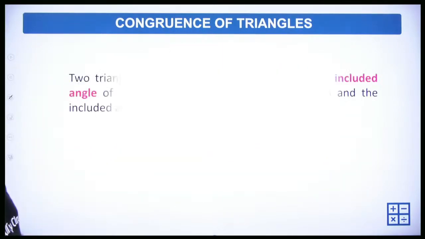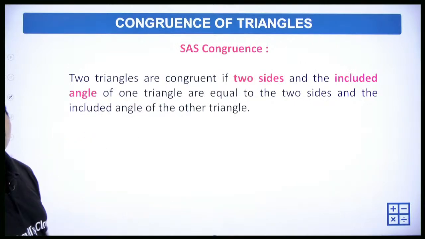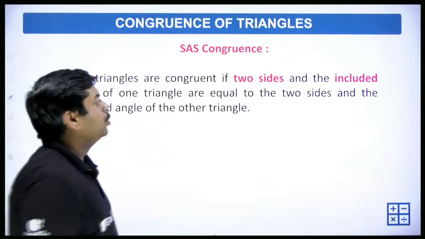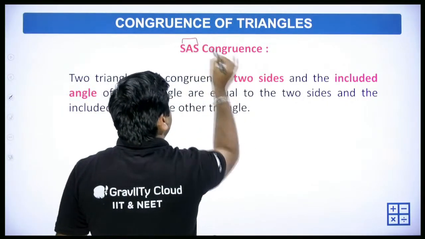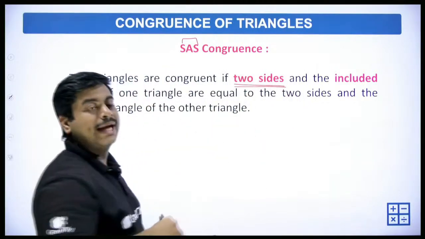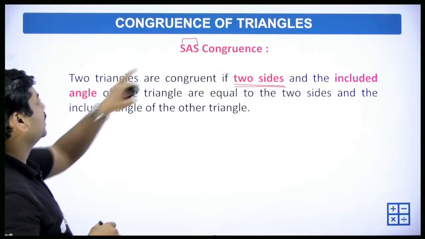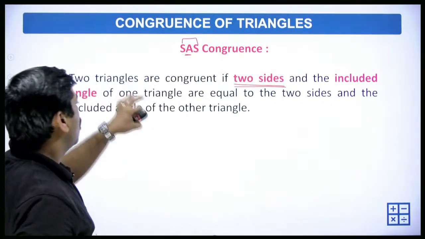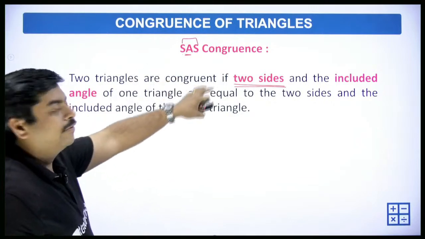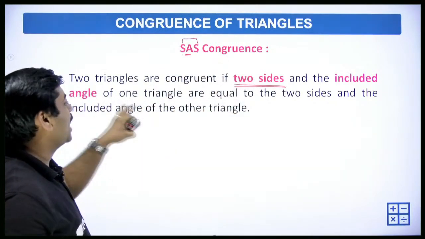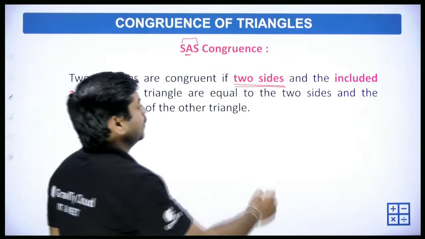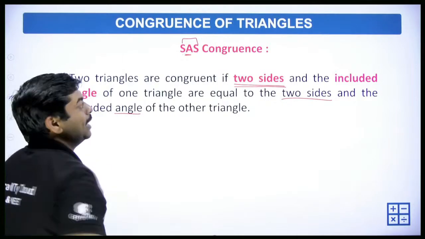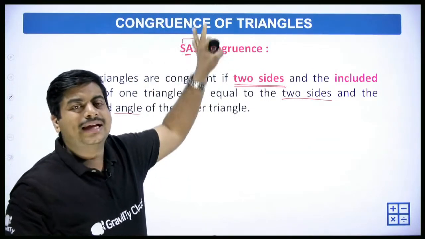In the same way, we have also discussed SAS congruency. What is side angle side congruency? Two triangles are congruent if two sides and the included angle of one triangle are equal to the two sides and the included angle of the other triangle, SAS, side angle side.